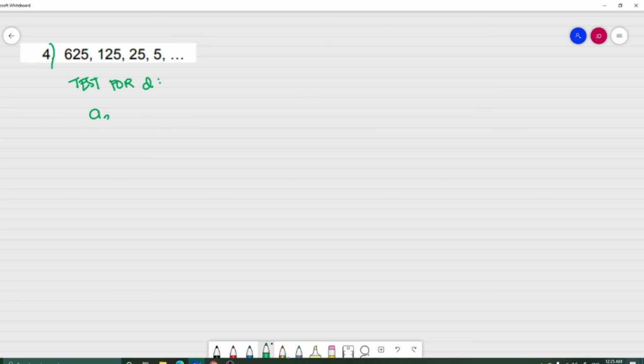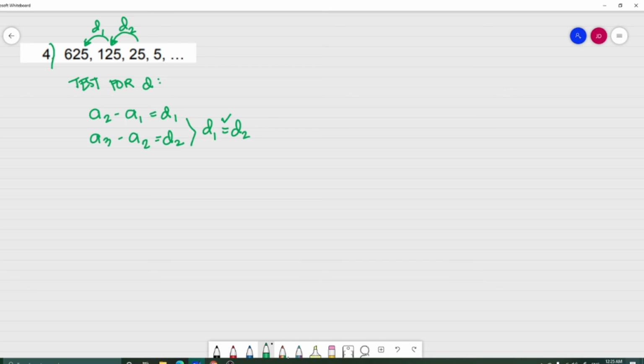A sub 2 minus A sub 1 equal to D1. So, ang iyang pasabot ana nga D1 is kani. And A sub 3 minus A sub 2 is D2. Dapat equal ni silang duha. D1 is equal to D2.